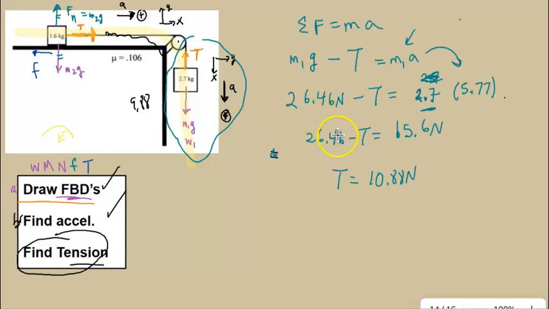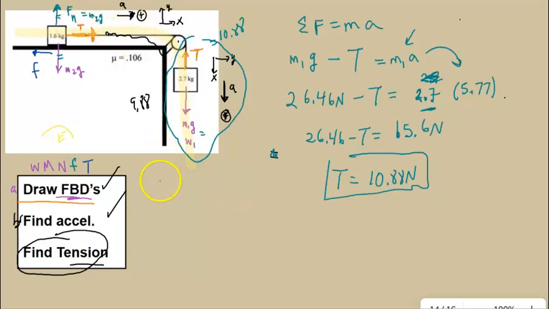So the weight minus tension equals MA. A is positive because it is accelerating down, and down is positive. When you solve this for tension, you get 10.88 newtons. That makes sense because it's got to be less than the weight, because the weight is winning, it's accelerating down.